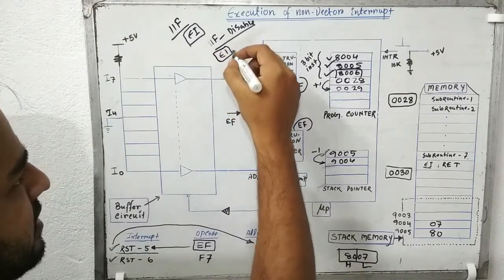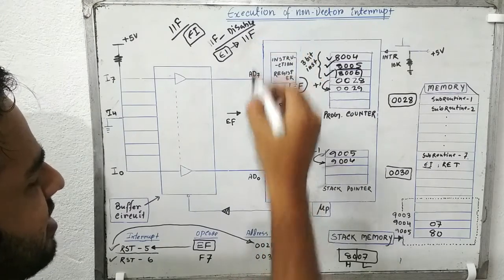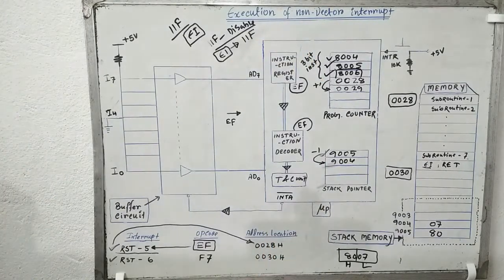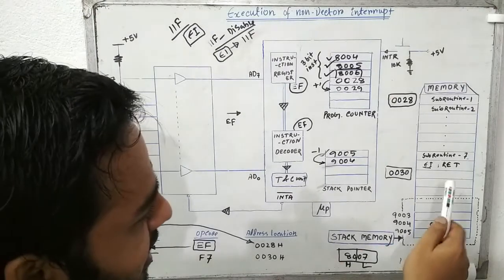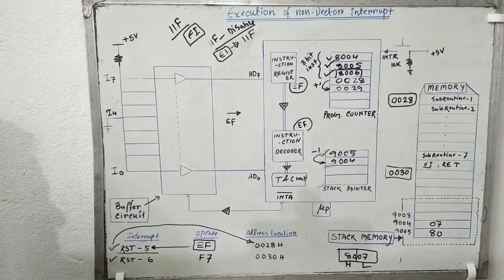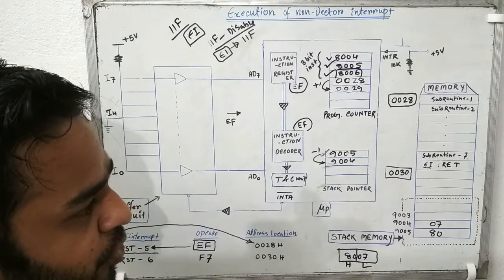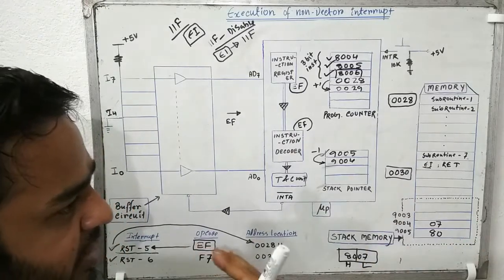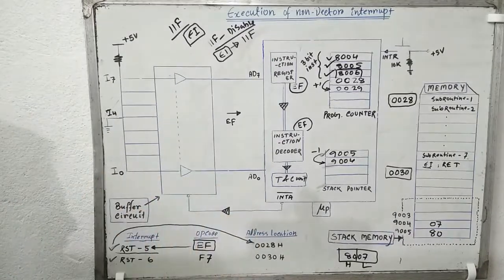That means this instruction will again enable the IIF, the internal interrupt flip-flop, which helps the microprocessor get further interrupt requests. Then it will face the RET instruction, which means return instruction. This instruction RET helps to return from the execution of the subroutine and come back to the main program.